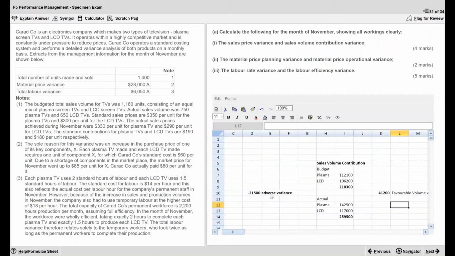But if your price is lower, the price would be adverse. That would mean you are selling it cheaper, so your volume is expected to be favorable. So if the price is adverse, volume is favorable. If price is favorable, volume is adverse.